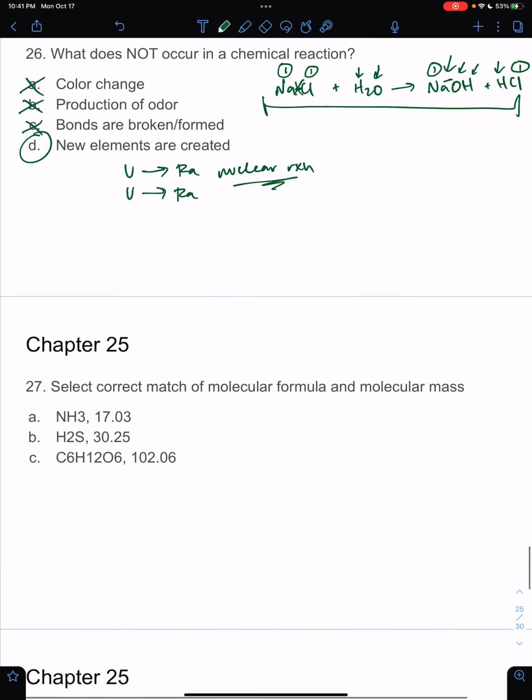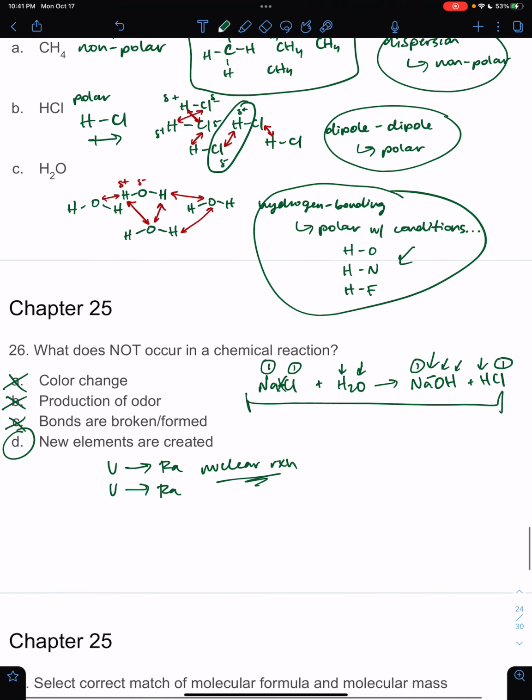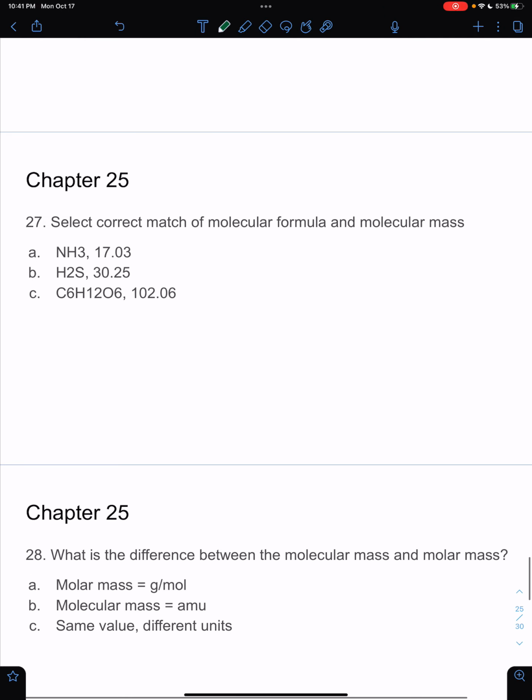Okay, number 27. I meant to say chapter 5, not 25. Anyway, this one just says select the correct match of molecular formula to molecular mass. So this one should be pretty simple. This is like what we did in the chapter 3 question above.